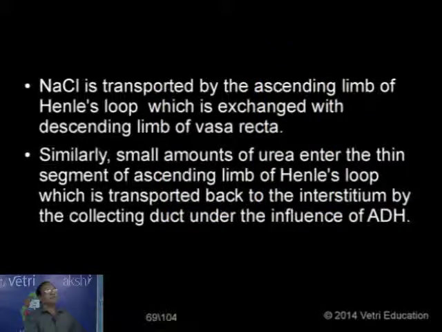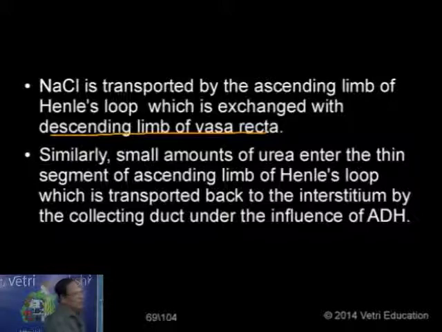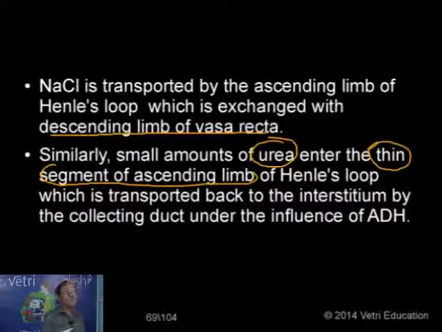So the same one here is being given in the form of notes. Sodium chloride is transported by the ascending limb of Henle's loop, which is exchanged with the descending limb of the vasa recta, as I said. From the ascending limb of Henle's loop to the descending limb of the vasa recta. Similarly, small amounts of urea also enter into the thin segment of the ascending limb. But once again, it normally enters back into the interstitium because of the easy passage from the collecting tubule.